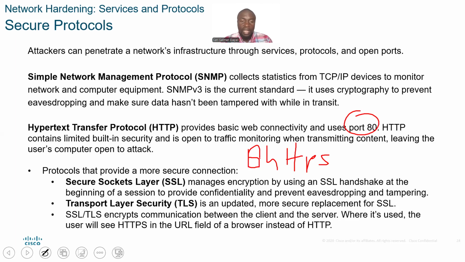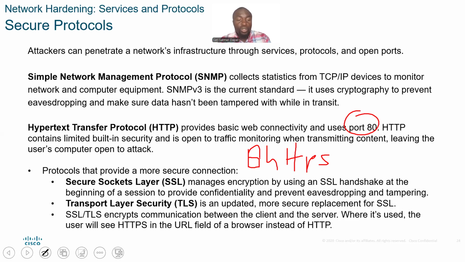You use SSL, which is secure socket layer, to manage the encryption by using the SSL handshake at the beginning of the session to provide confidentiality and prevent eavesdropping and tampering. That's why sometimes you visit a website and it says this site is not secure. It means that they are not encrypting it.